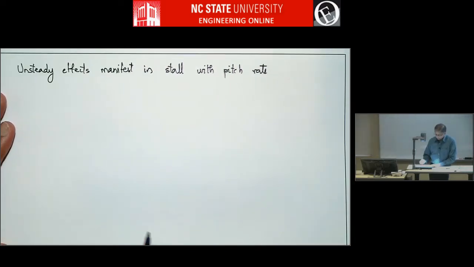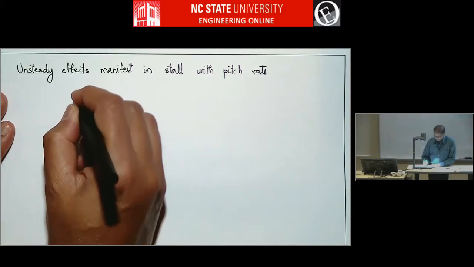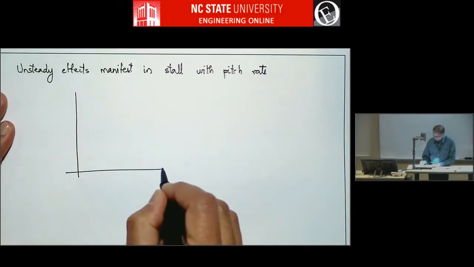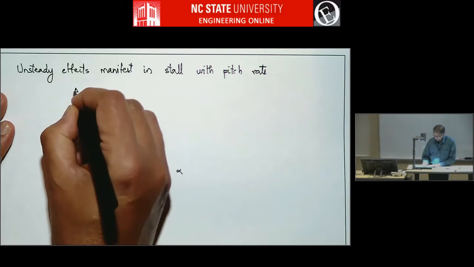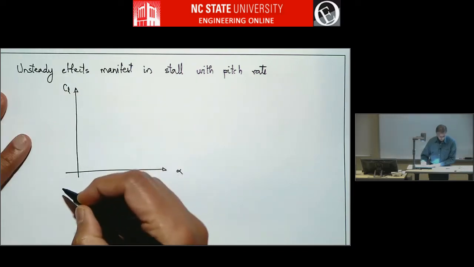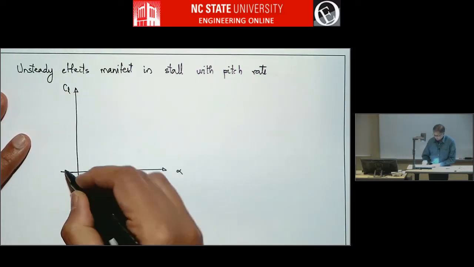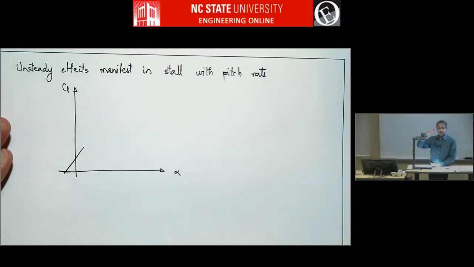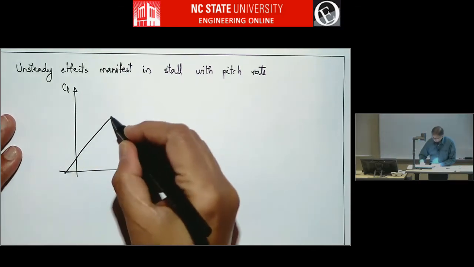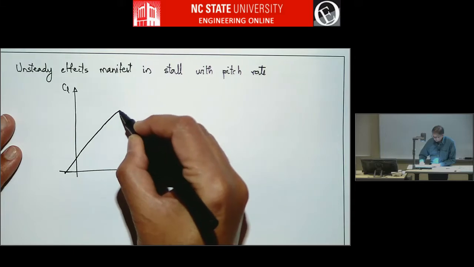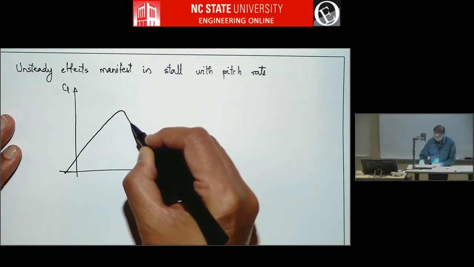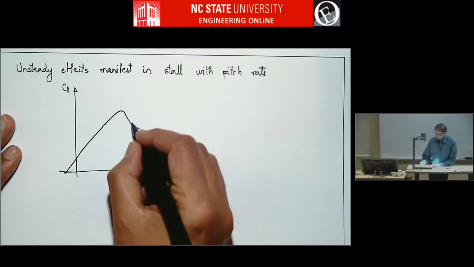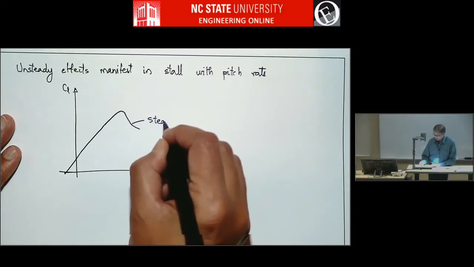People have known this for a long time: if you take a CL alpha curve for an airfoil and you measure the CL at various alphas, so you put it at one angle of attack, measure the CL, increase the angle of attack, measure the CL, and so on. So this we know. You have a linear variation and then there's a CL max and then there's stall. This is the steady lift curve.